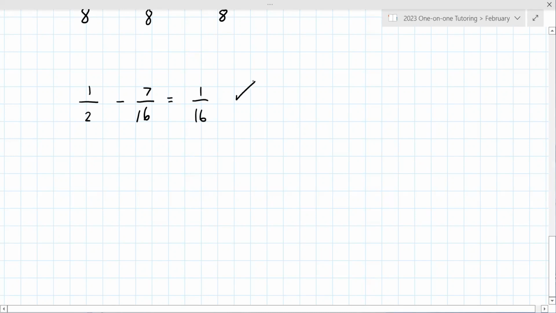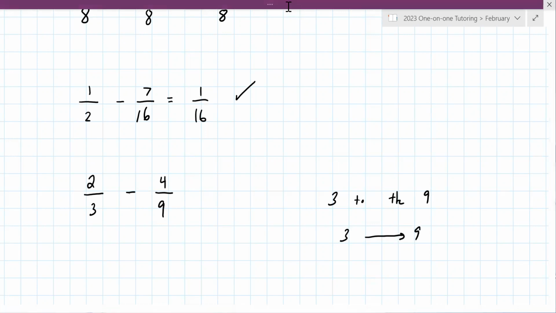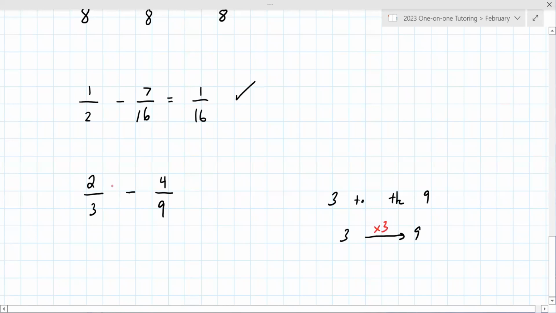Very good. Okay, so let's look at a new fraction. Let's say we want to take 2/3 and subtract 4/9. Okay, so it's not always that it's by 2, right? We want to go from the 3 to the 9. How do you go from 3 to 9 by multiplying? We can multiply 3 times 3, which gives us 9. So you're going to multiply the top and bottom by 3.